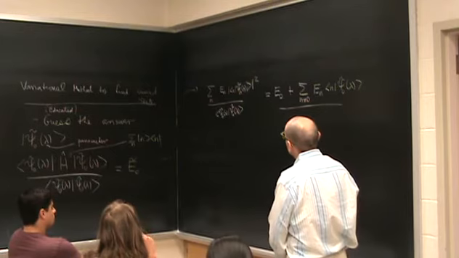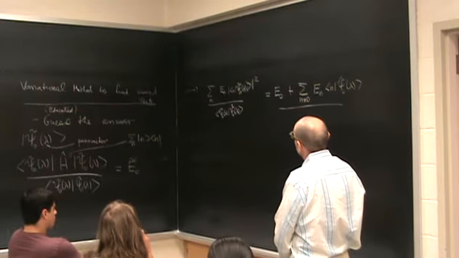Should there be a factor like 0 alongside tilde of 0 outside the sum?